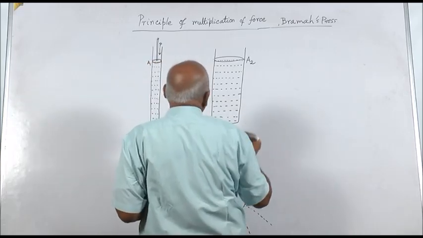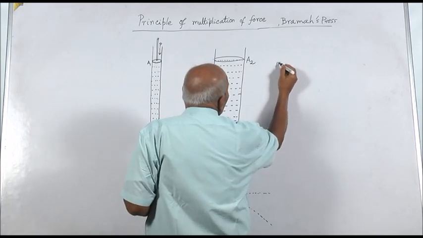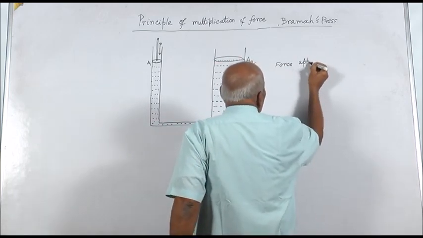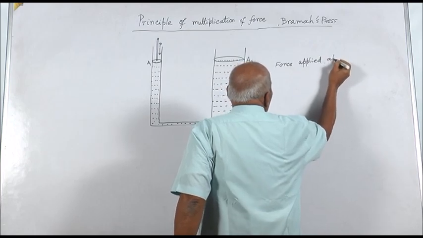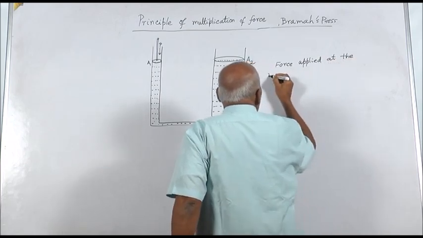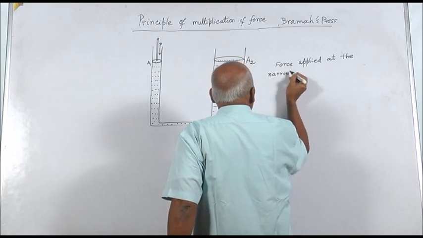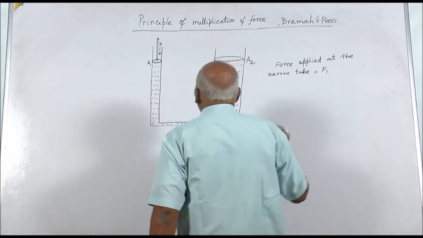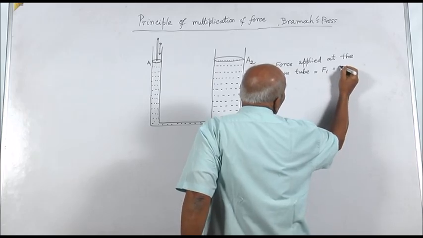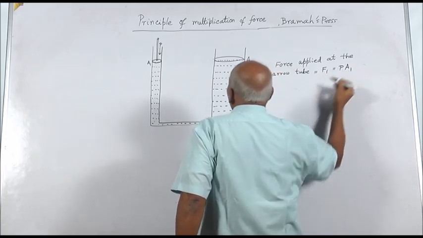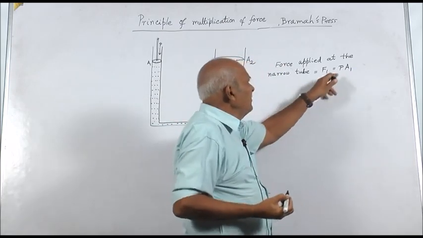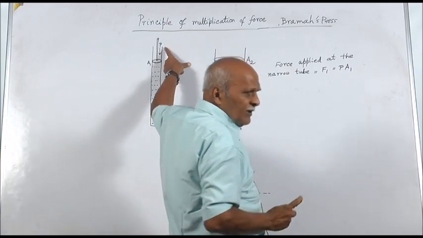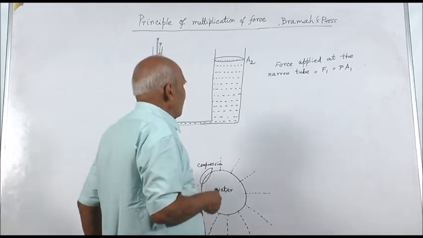At the narrow end, the force applied at the narrow tube is equal to F1, and this F1 will be equal to P times A1, because force by area is pressure and the pressure is P. It is not atmospheric pressure, it is some extra pressure applied by a person.